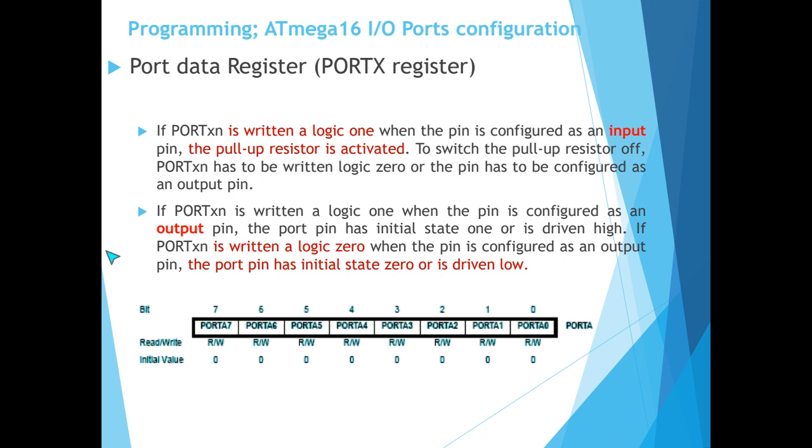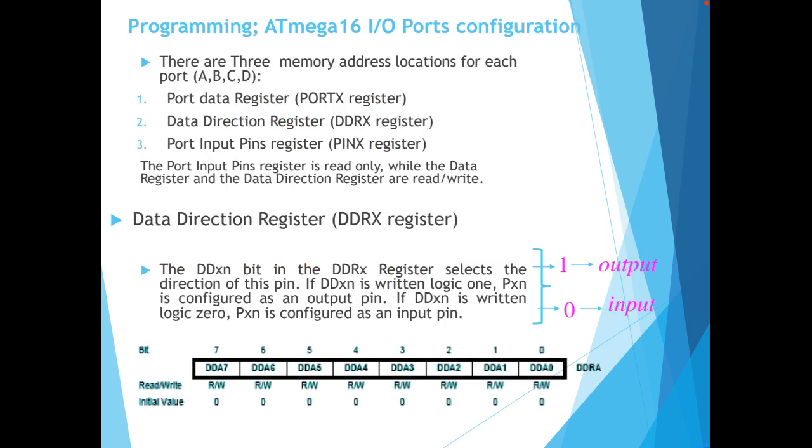So if port Xn is written a logic 1 when the pin is configured as an output, meaning that, for example, when we are talking about the first bit of port A, this register is configured as output, meaning that its value is written logic 1.